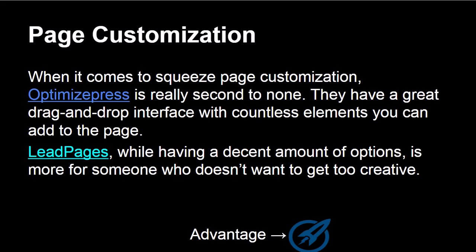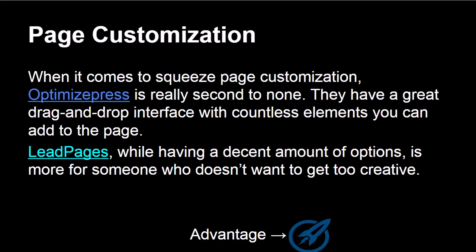And like I said, it has over 50 different elements that you can use, and they add some new ones all the time. But you can add timers to your page, you can add testimonials, you can add videos, images, anywhere you want.